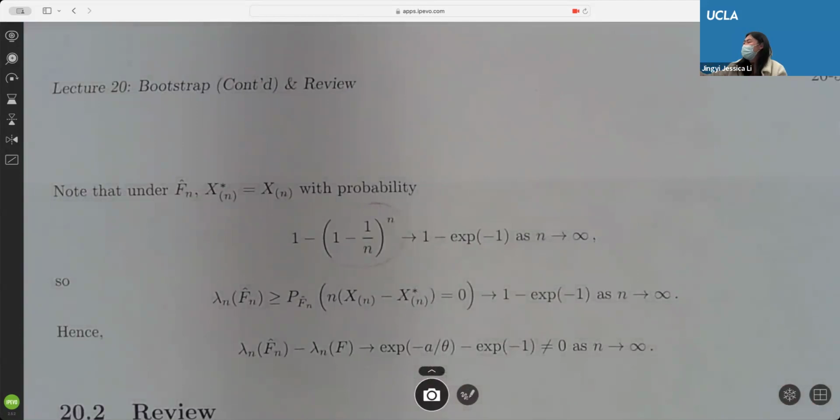This is one very typical example where Bootstrap does not work well, where your parameter is not a population moment. It's not an average, but it's the upper bound. And this can actually be quite reasonable, because your sample is only a discrete version of your uniform 0 to theta distribution, and your sample maximum will never be exactly theta.